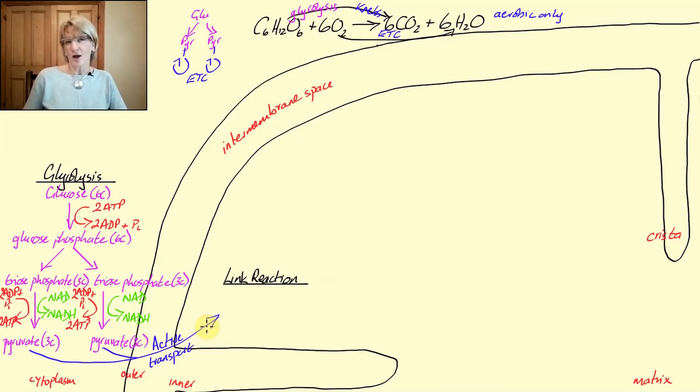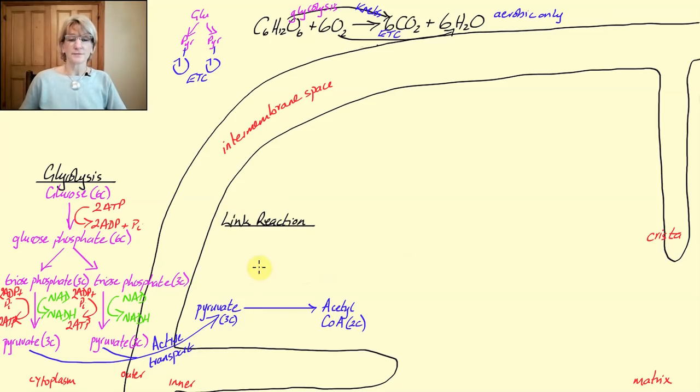And when a carbon is lost, it is always done in the form of carbon dioxide. So here we can see pyruvate being changed into acetyl-CoA, losing a carbon dioxide so that it goes from 3C to 2C. But that isn't the end of the story.